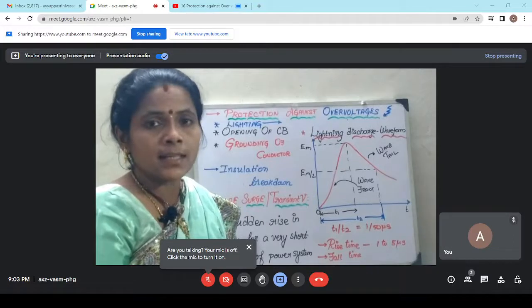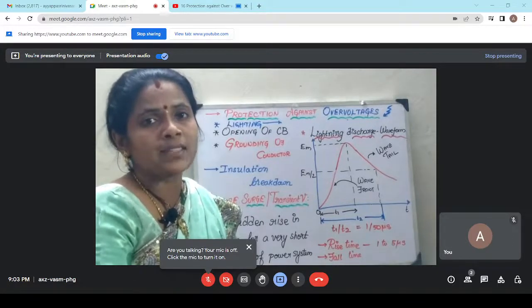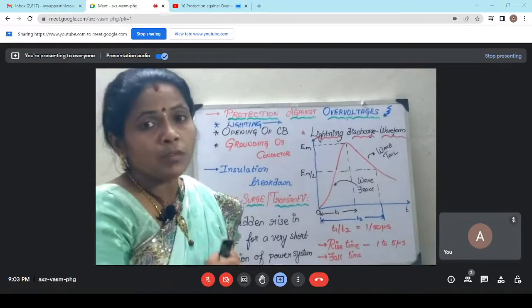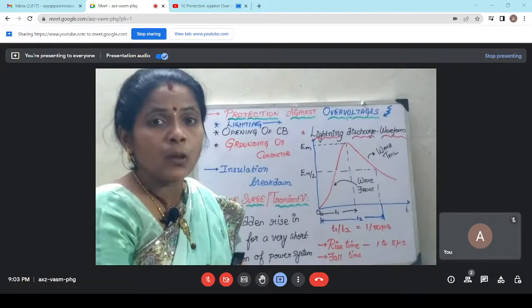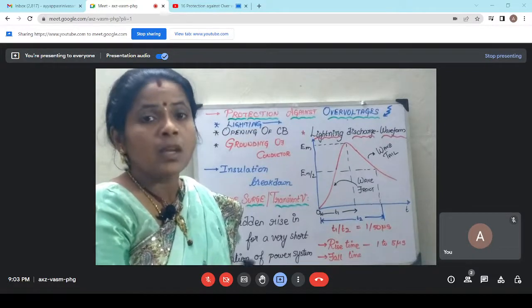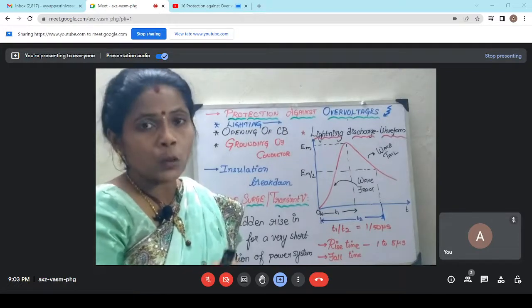Whenever we consider the over voltage, what does it mean? This over voltage is nothing but the magnitude of the voltage going to be twice, thrice, or 5 times the normal values. If these over voltages are allowed to persist in a circuitry or in a power system, it might lead to the damage of the equipments.